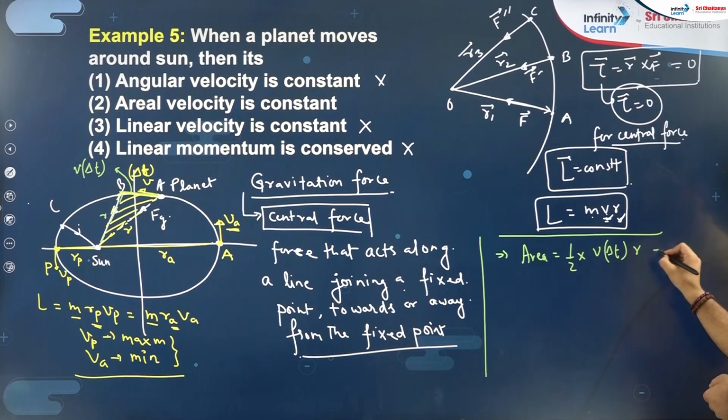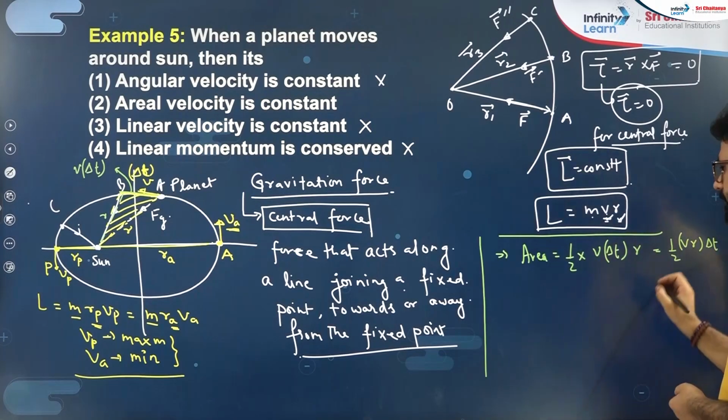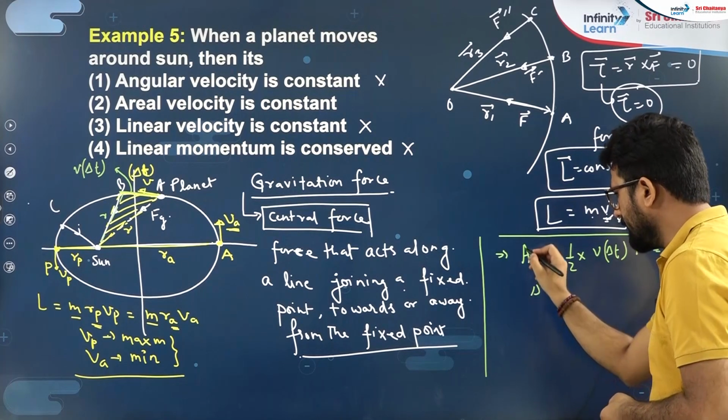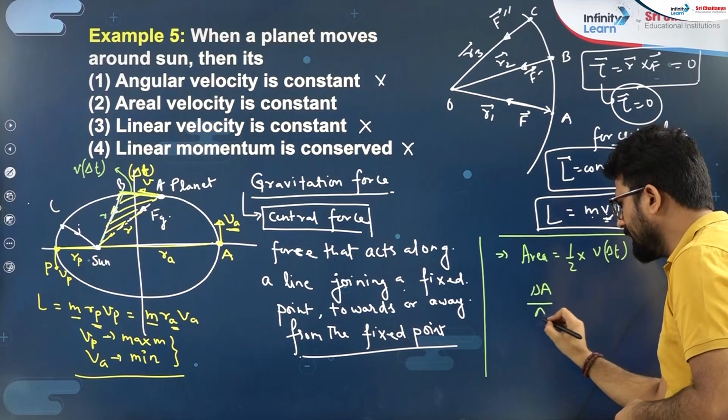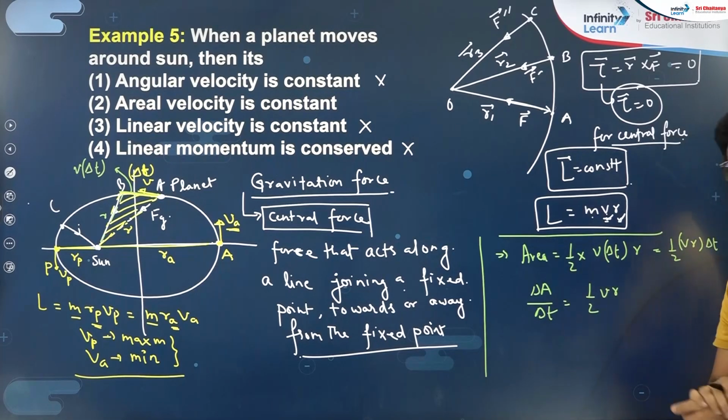So from here, 1 by 2 v into r into delta t. So the area, delta A divided by delta t, would be 1 by 2 v into r.